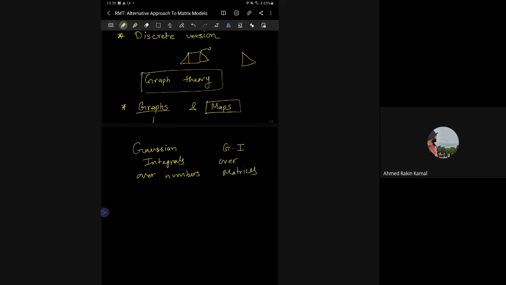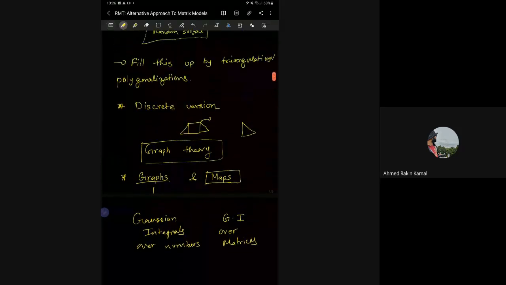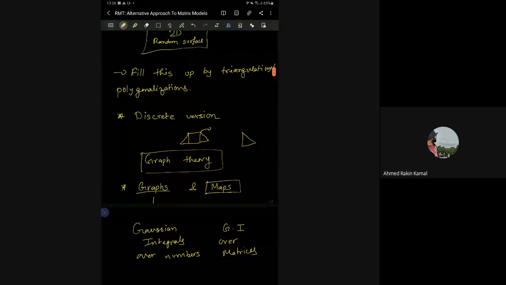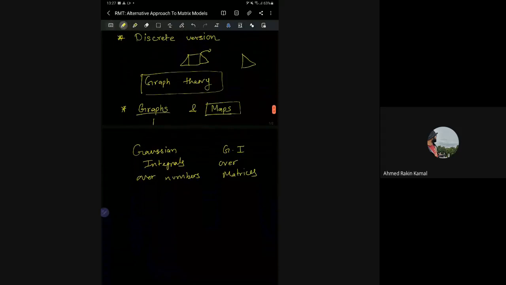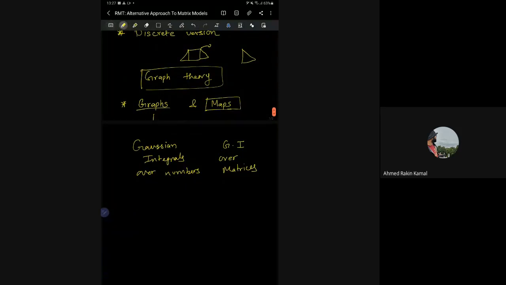This is how matrix models came up: the idea of matrices is a way of taming these maps. The discretized version will be explained by Gaussian integrals over numbers, and the maps will be explained by Gaussian integrals over matrices. All of these ideas came just to discretize our two-dimensional surface.